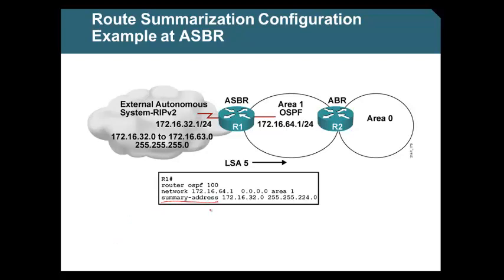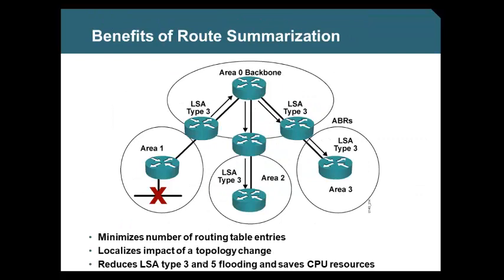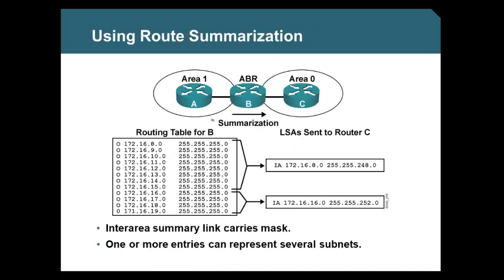Likewise, type 3 can also be reduced if you do summarization on the ABR. For example, you see here. You have an ABR and you got these networks in area 1.